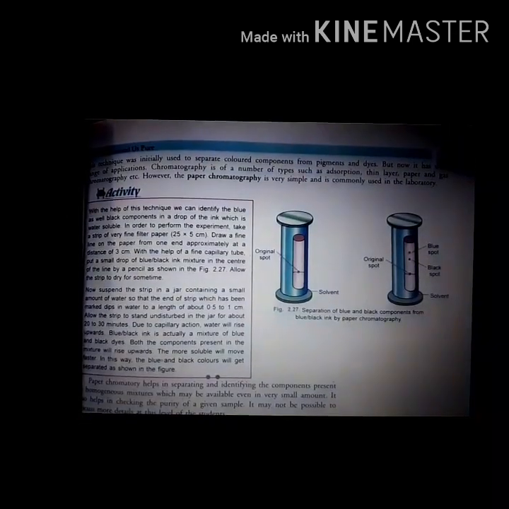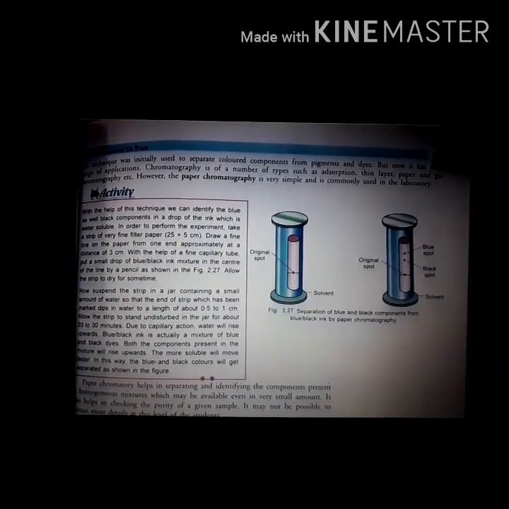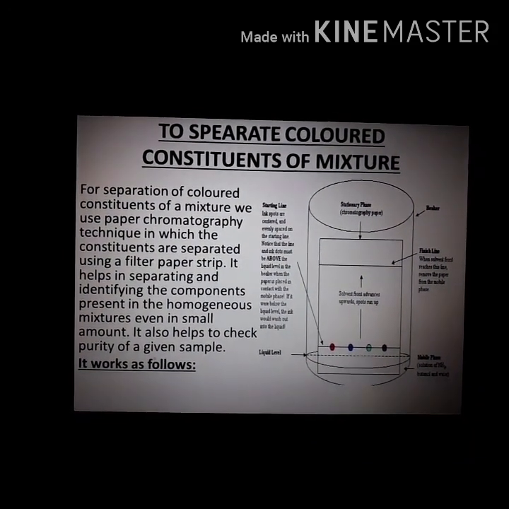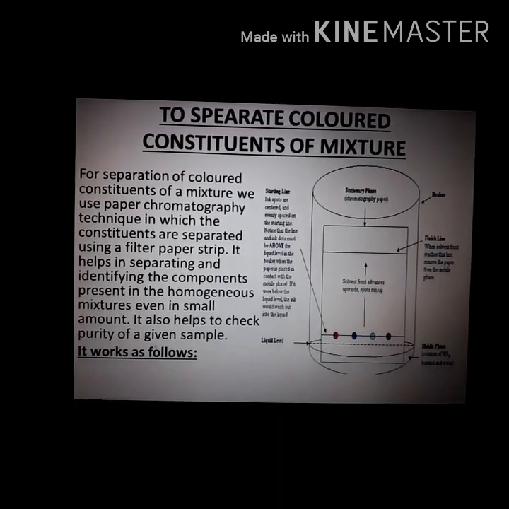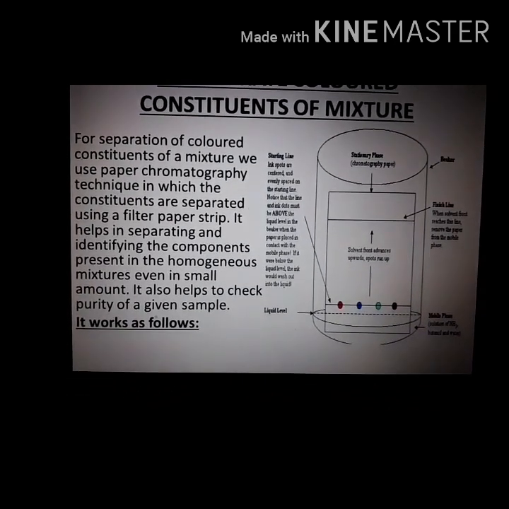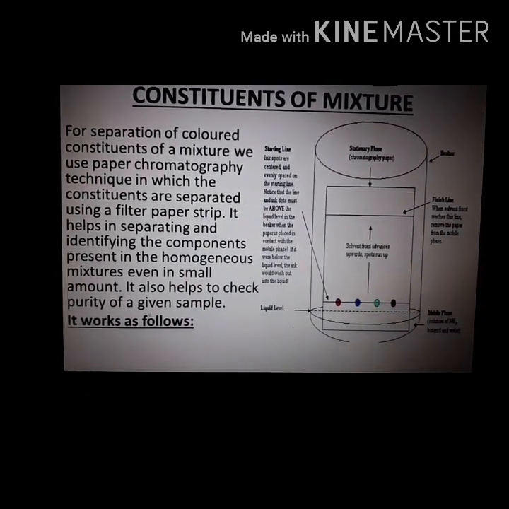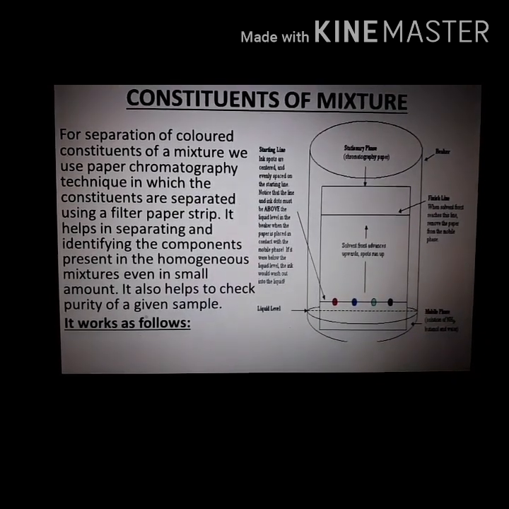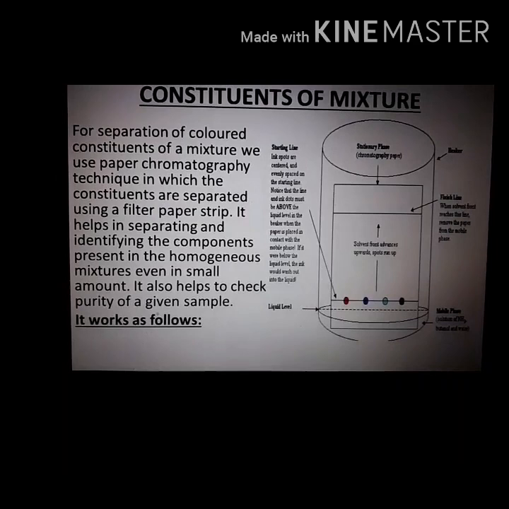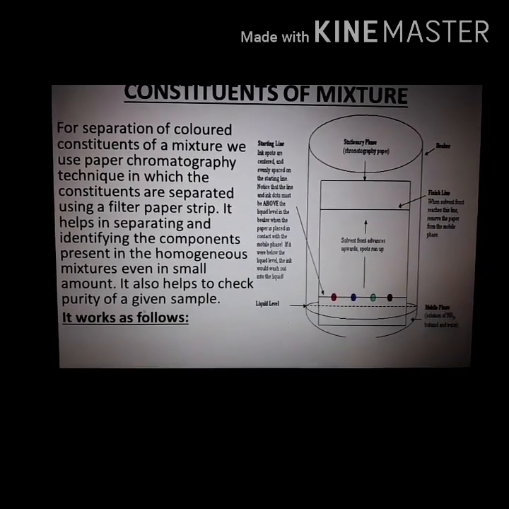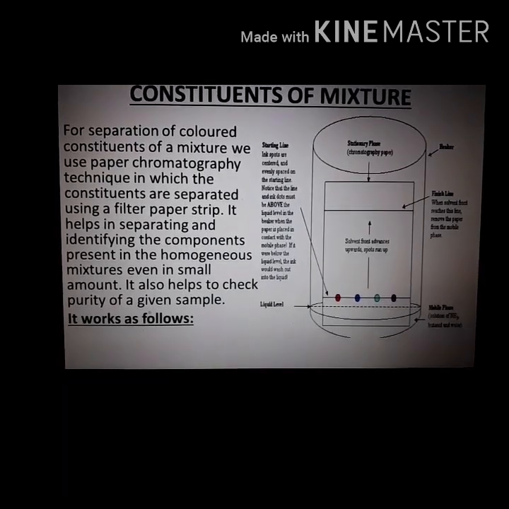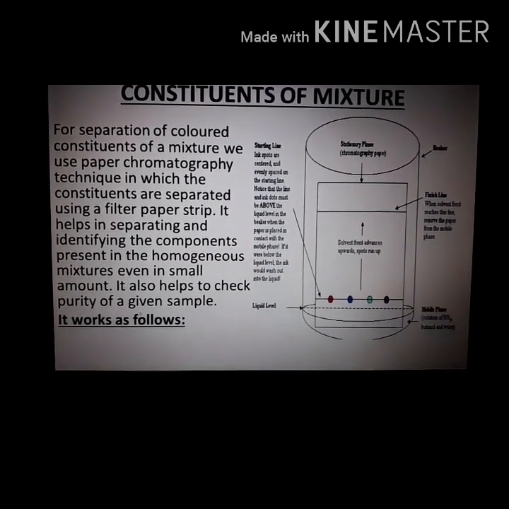Next we will discuss paper chromatography. This method is used to separate the colored constituents of a mixture. We use the paper chromatography technique, in which the constituents are separated using a filter paper strip, which helps in separating and identifying the components present in a homogeneous mixture even in small amounts.